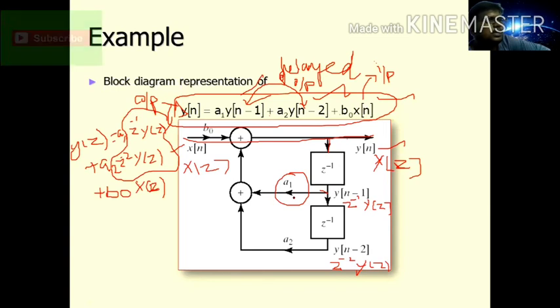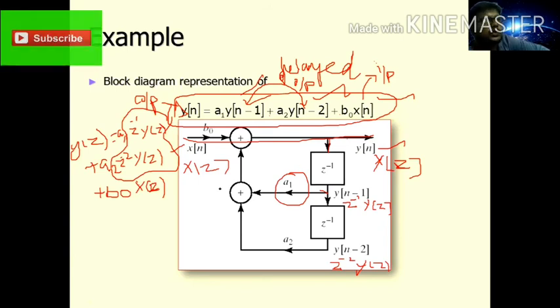Here our delay element is present at the right hand portion, so from right to left you put the arrowhead. Suppose your delay element is present at the left hand side, you put the arrowhead from left to right. This is the way you show the direction of your constant multiplier.